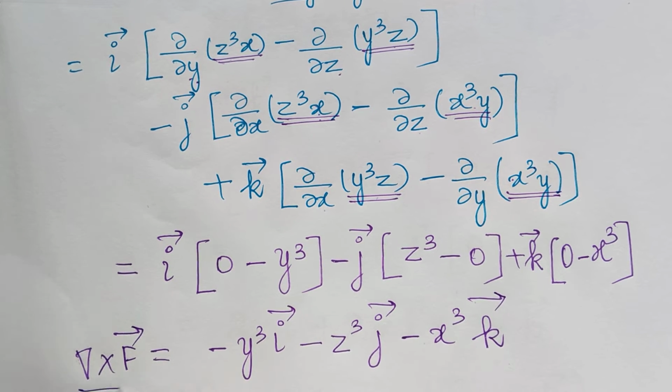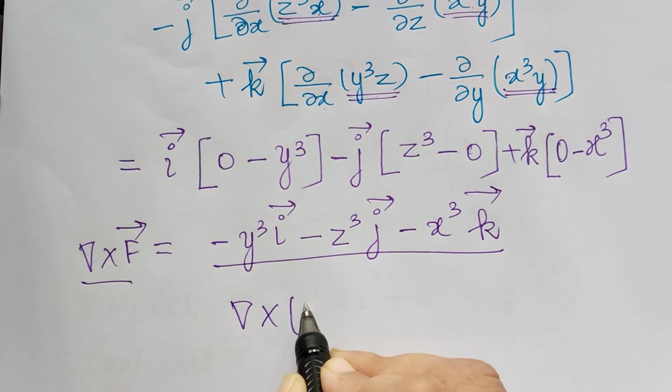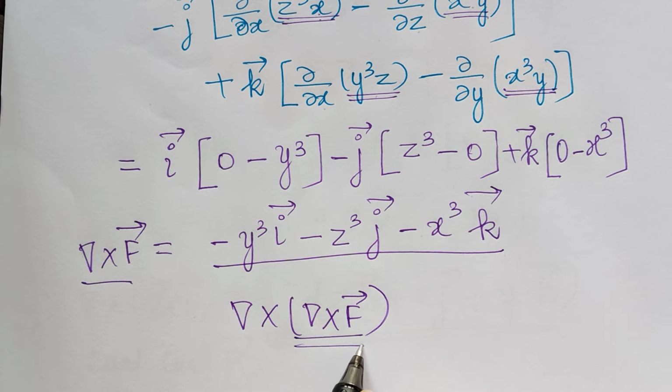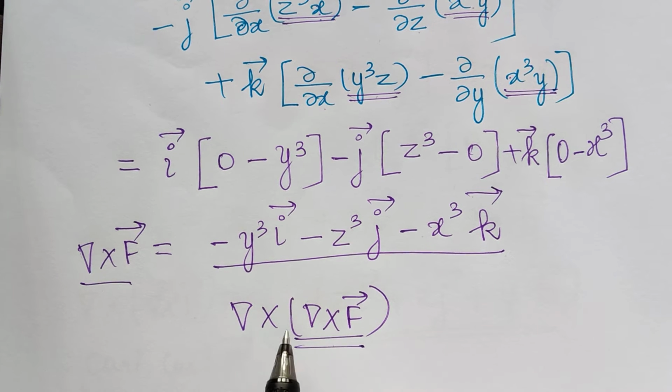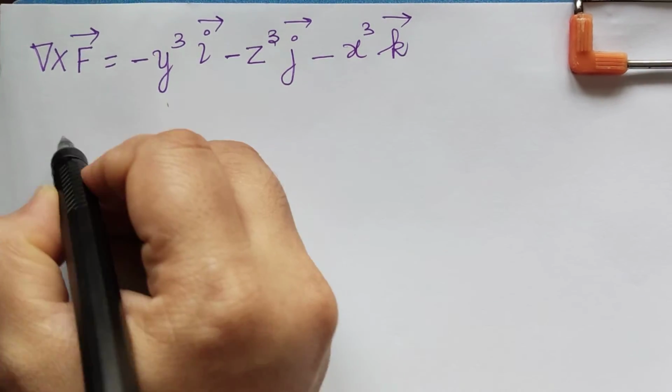Now with the help of this, we have to find nabla cross of f vector. So already we have found nabla cross f vector. For this we have to take the cross product with nabla. So I have taken and written that vector over here.